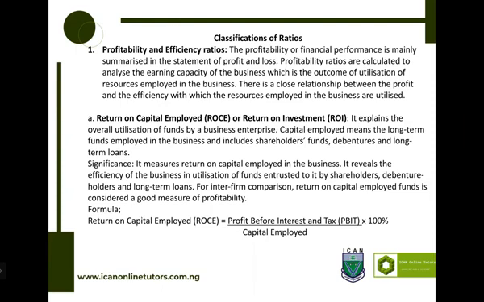And the first item under it is what we call ROCE, return on capital employed. This return on capital employed is calculated using profit before interest and tax divided by capital employed. You call it returns. What do you mean by returns? Returns is the earnings.